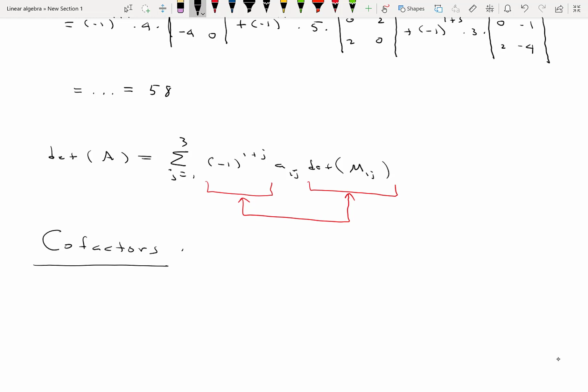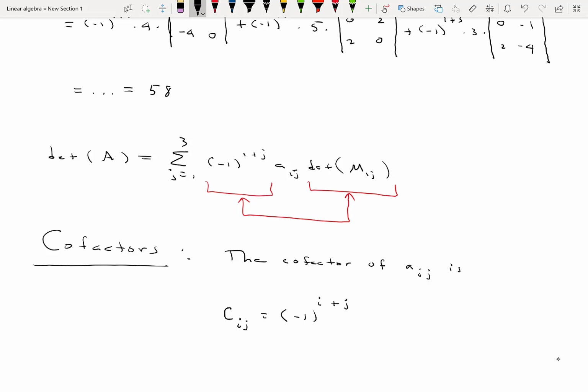The cofactor of aij is Cij, and it's defined to be that part that I wanted to lump together. It's -1 to the i plus j.